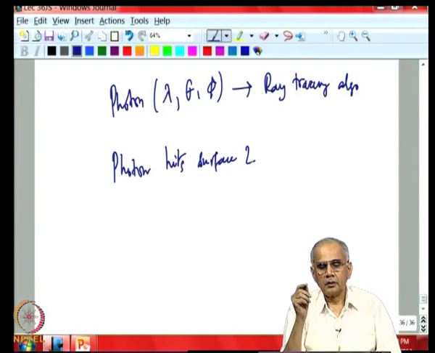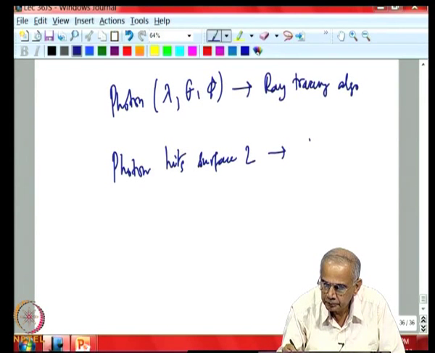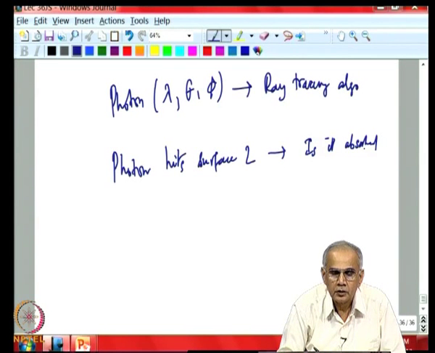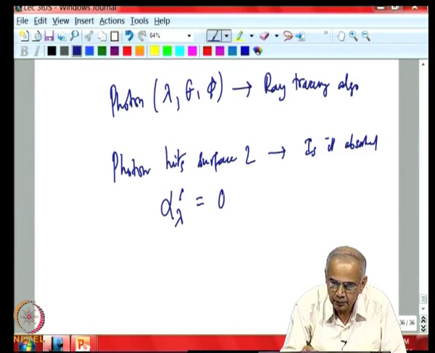Then you need to ask the question, is it absorbed? Let us say the directional spectral absorptivity of that object is 0.9.